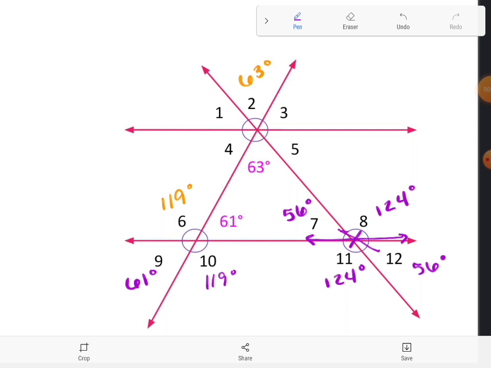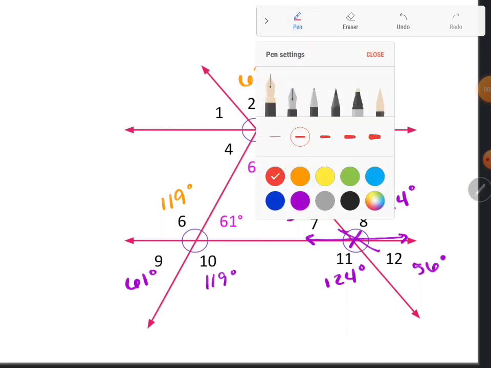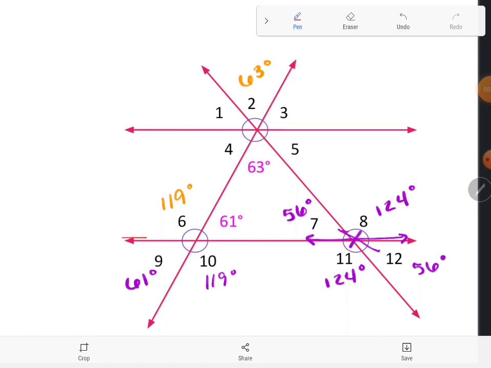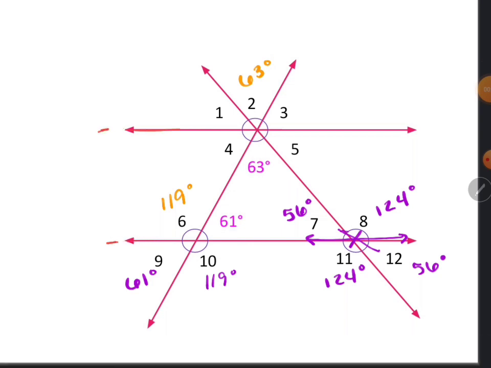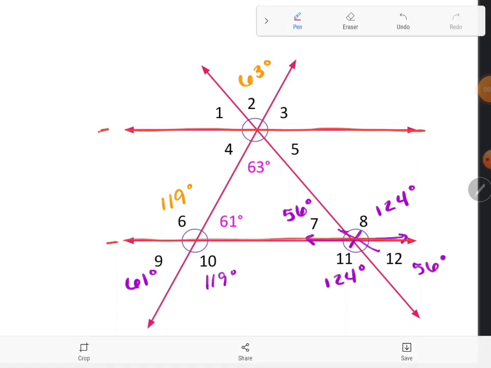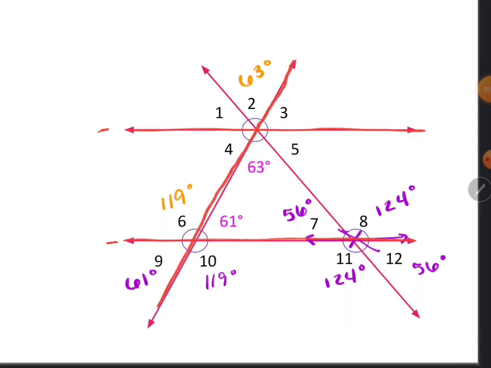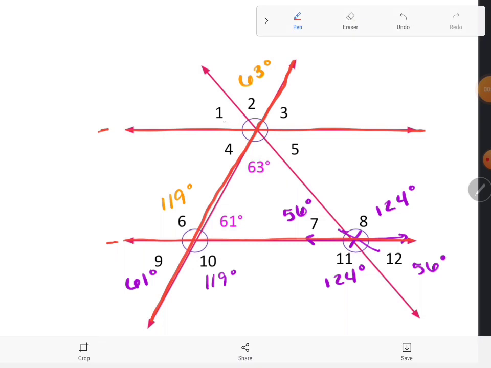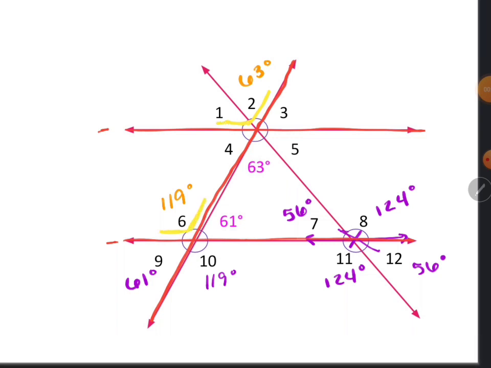Now the best way that we can solve for this, if you'll notice, and we'll get a different color for this so that we can kind of see what I'm talking about. These two lines right here going straight across are actually perpendicular to each other. Now when a line goes through two perpendicular lines, let me get a new color, this angle right here and this angle right here will be the same degree, and this angle right here and this angle right here will be the same as well.